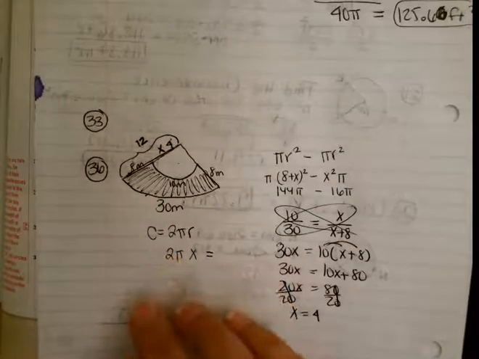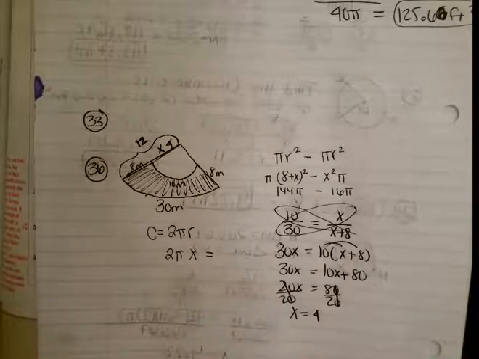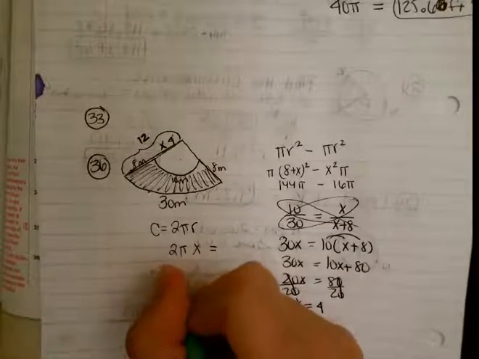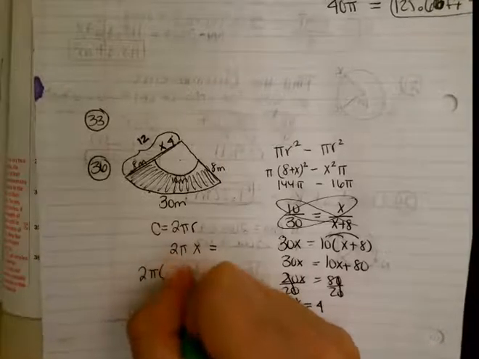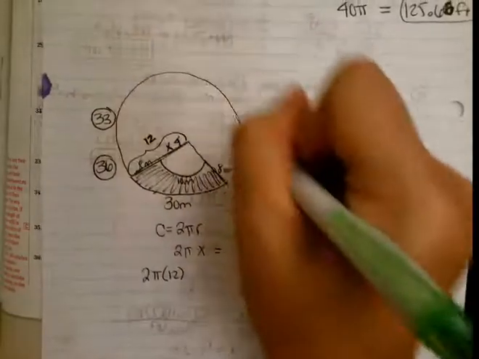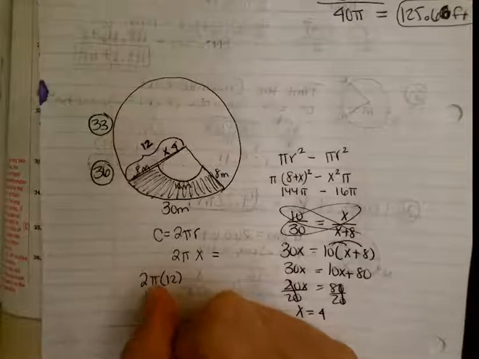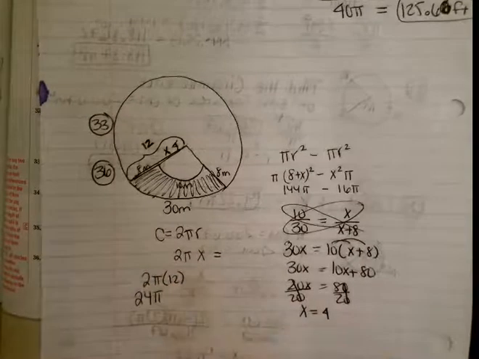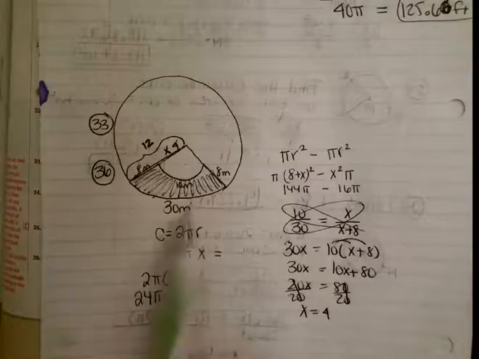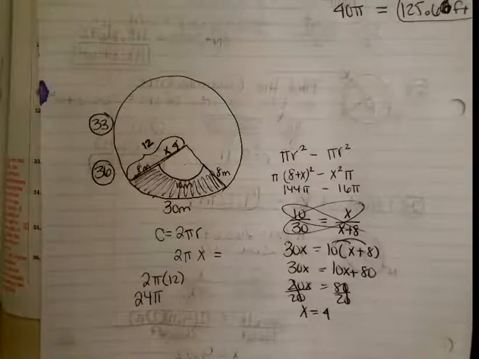Let's now think about the whole circle. So the circumference is 2 pi r, 2 times pi times my radius. My radius is 12, so the full circumference of this whole circle would be 24 pi. And I have 30 of that, so I have 0.39 or 39.8% of it.